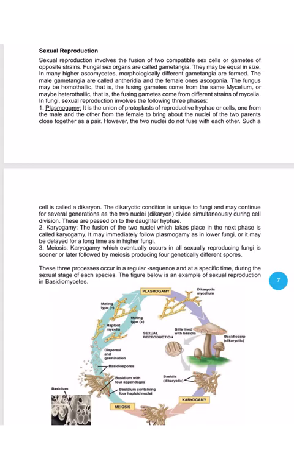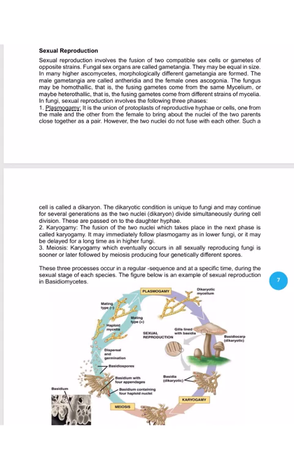So the naming is different. It differs from one genus to the other, but at the end there is a male gamete and a female gamete. When these two cells fuse together, the male and the female, they produce the diploid cells, and this goes through three phases.